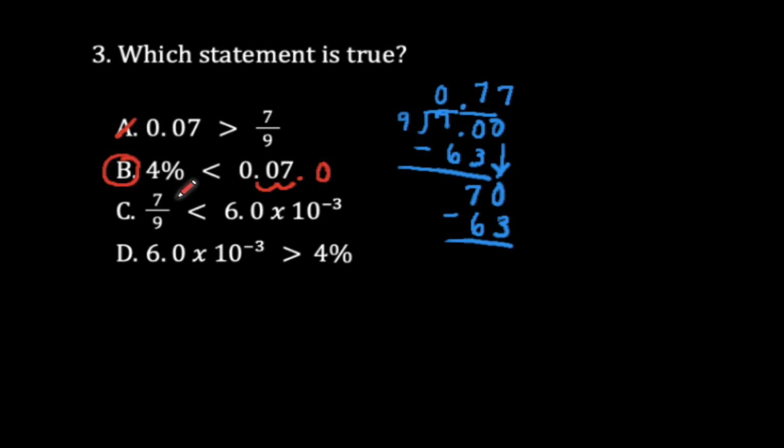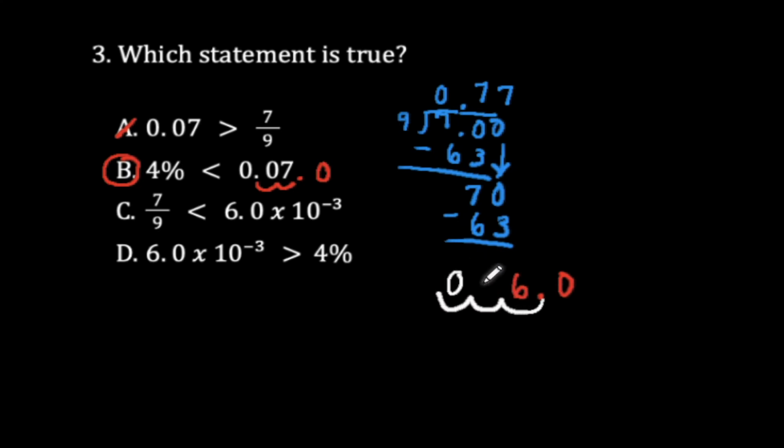So we have 7/9, which we said was already 0.77. Is 7/9 less than 6.0 times 10 raised to the negative third power? This negative 3 is telling us to move the decimal point over 3 places to the left. Let me write it right here, and we'll move it 3 places to the left: 1, 2, 3.